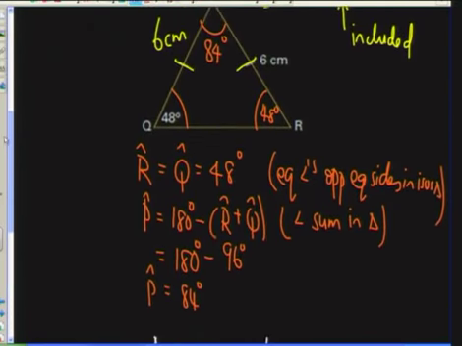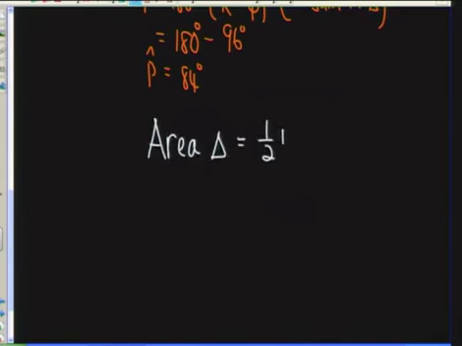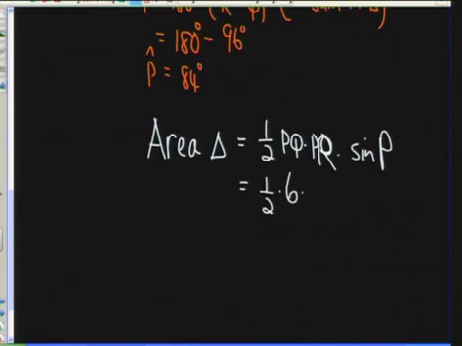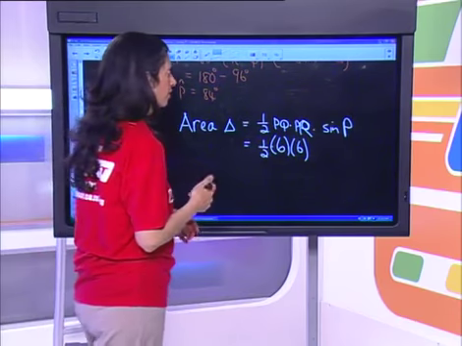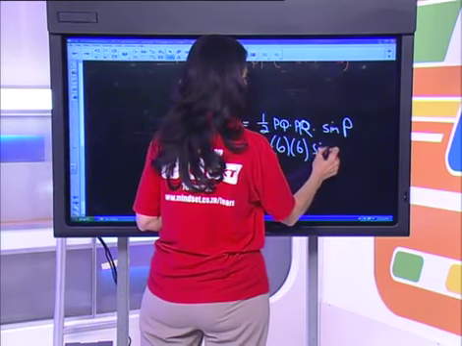It would be PQ times PR, the 2 sides that are adjacent to angle P, so it's included, and the sides were 6 times 6. Notice how I'm using brackets and not a dot. A dot in your final exam, you can overlook it because your mind looks so quickly at these things. And then we're going to multiply it by the sine of 84.